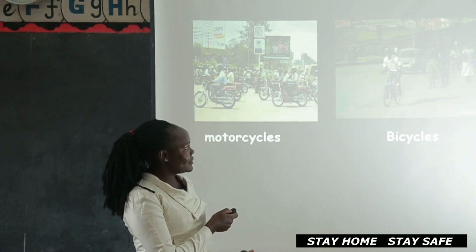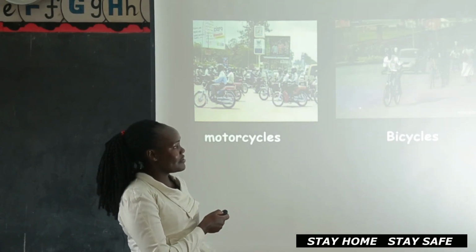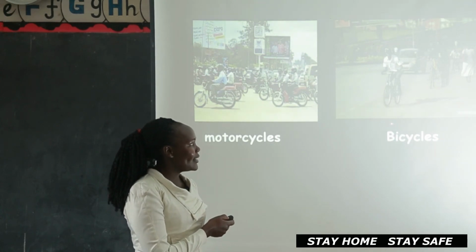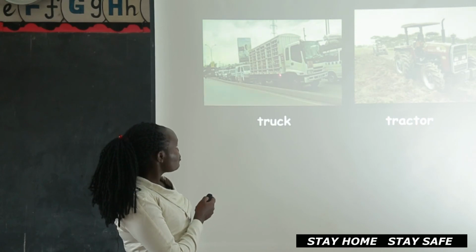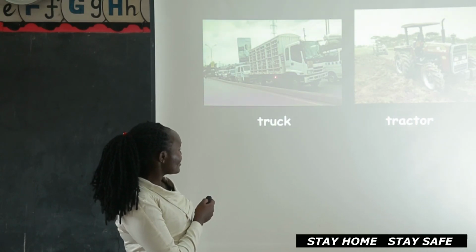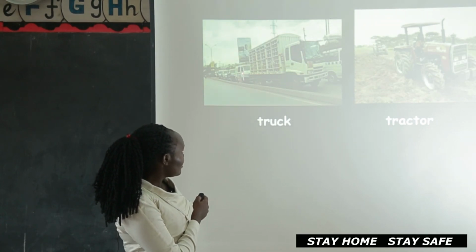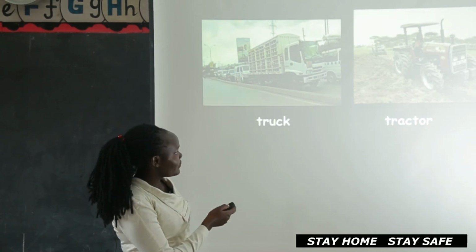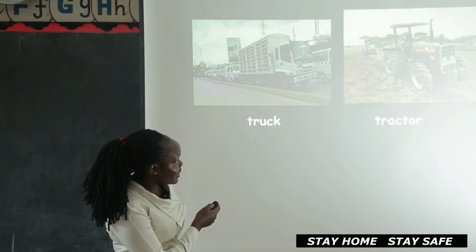You can see somebody busy riding the bicycle, maybe from work or going to work. We have the truck. So trucks are also means of road transport. You can see that is a truck. We have a taxi or a van. We have a taxi there. We have the tractor. This is the tractor. We have another one there.